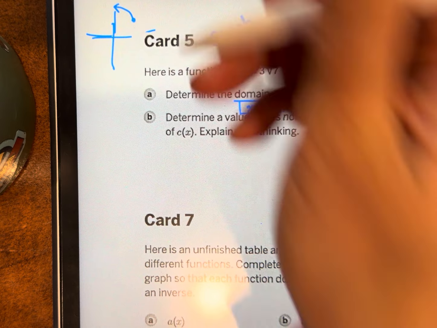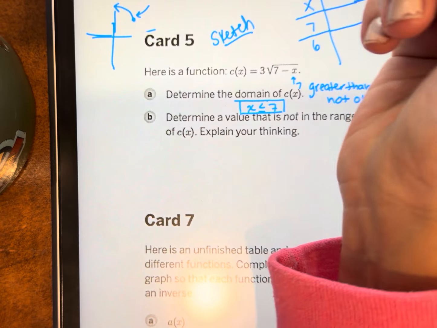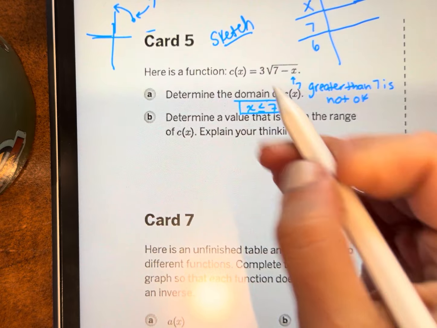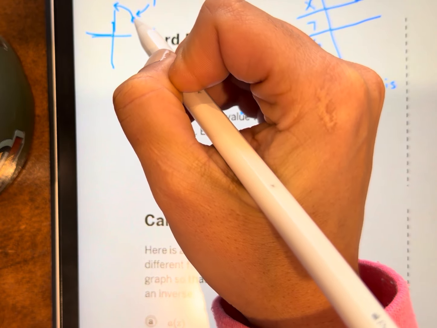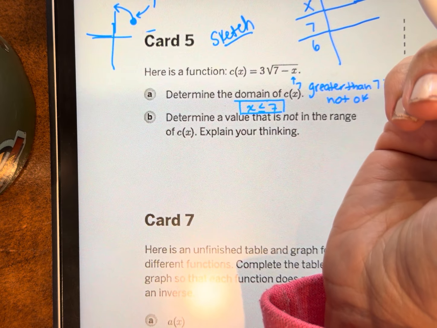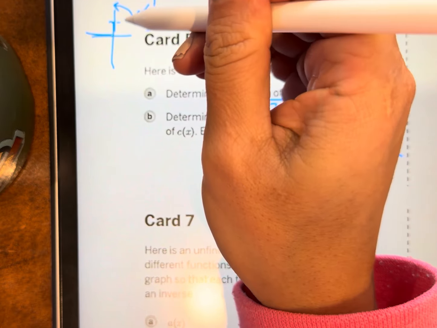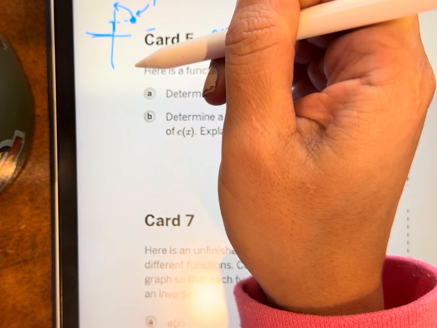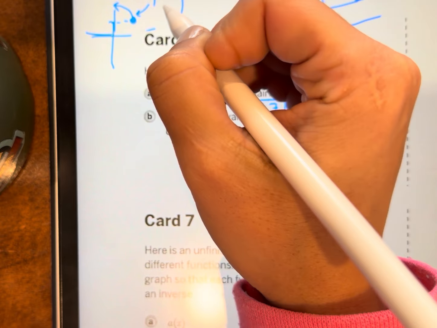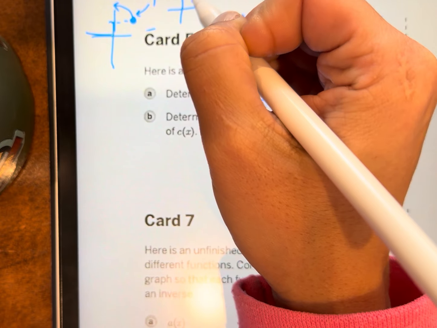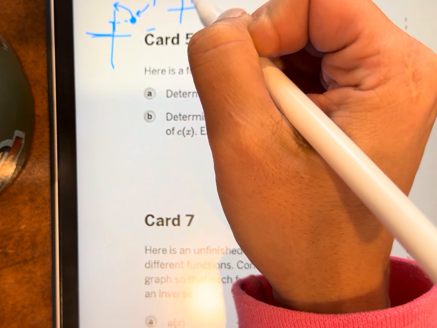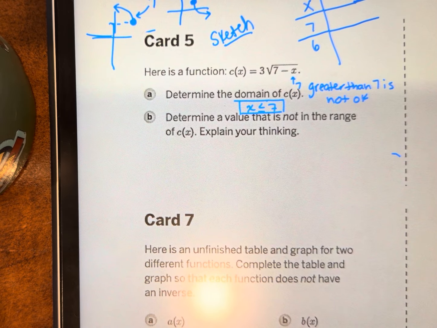What that tells me is that this boundary line right here, which is 7 for the case of this function, is where both x and y values kind of begin. Whatever that y value is, anything under it in this case is not part of the range. Or if it went downward, then anything above this is not part of the range.